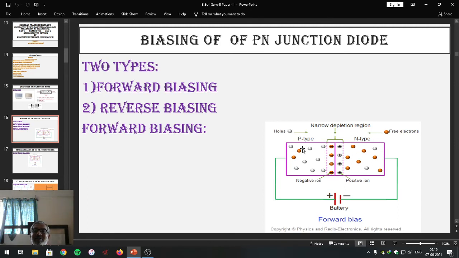P-type of semiconductor has majority charge carriers, holes, minority charge carriers, electrons, along with some immobile negative ions. The N-type of semiconductor contains majority charge carriers, electrons, minority charge carriers, holes, along with some immobile ions. There is a depletion layer across the junction.